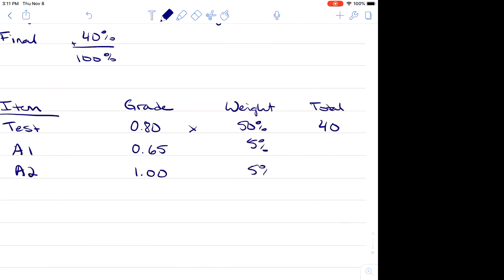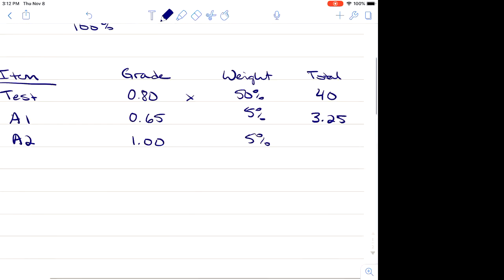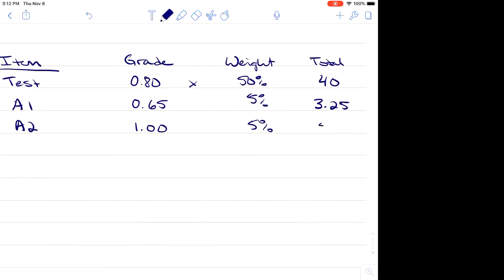Like I said, I switch between the decimal and the percentage, doesn't matter. So I have 0.65 of 5%, so times 5. So that assignment gave me 3.25 out of 5 of my total grade. And then I got this whole 5.